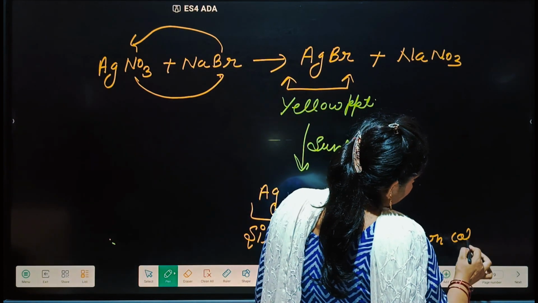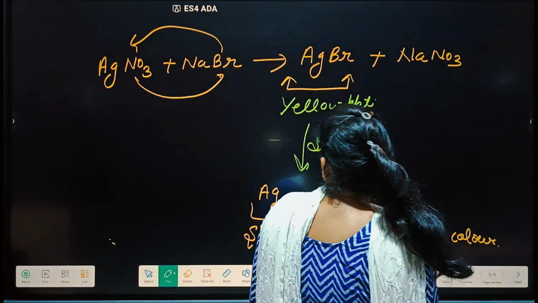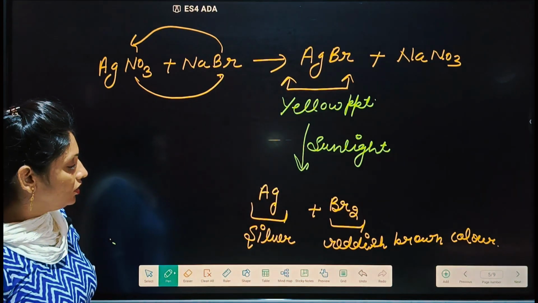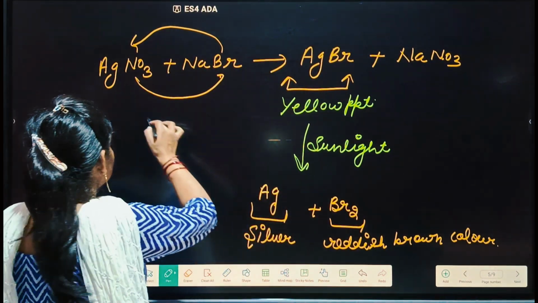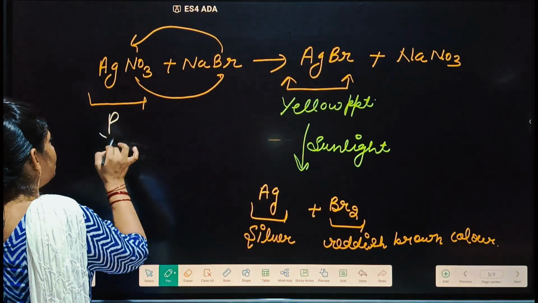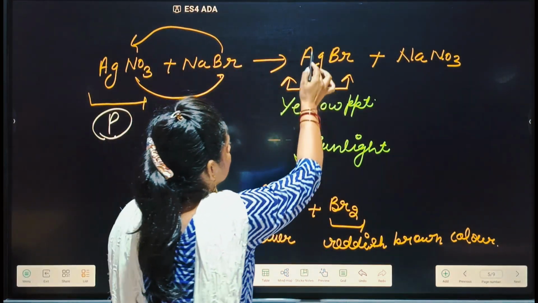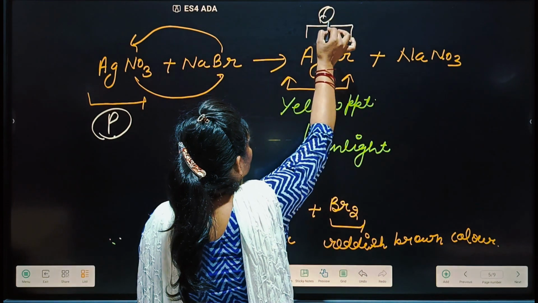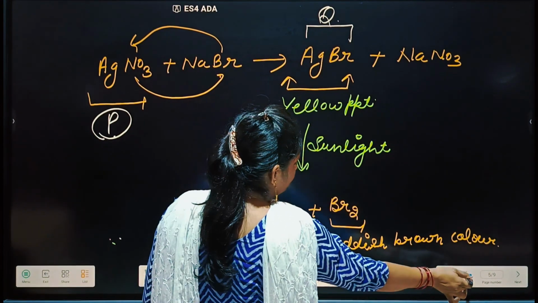So in this way we can solve it. Here AgNO3 is P, and AgBr is Q.